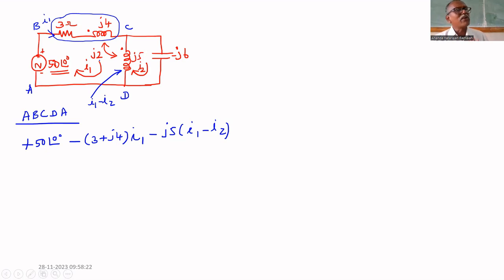Let us assume this is L1 and let this be L2. L1 current is entering through the dot, and in L2 also the current is entering through the dot. That's why j2 is positive. We are traveling along the current direction.